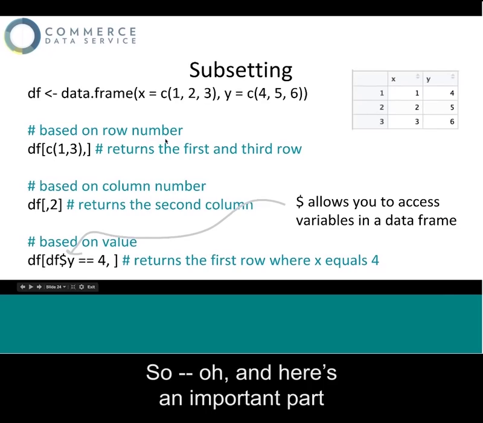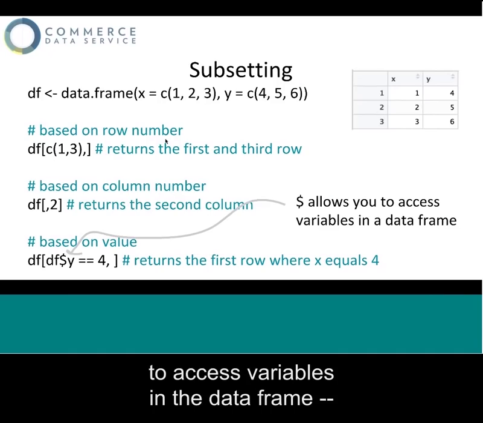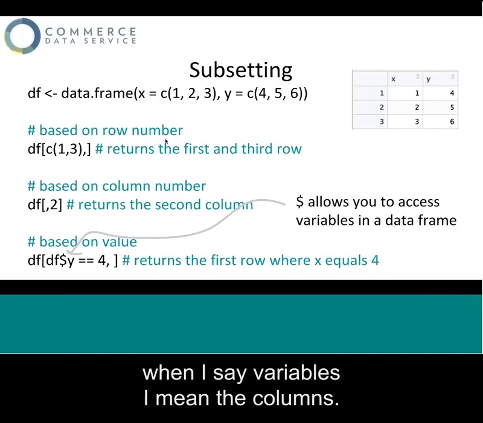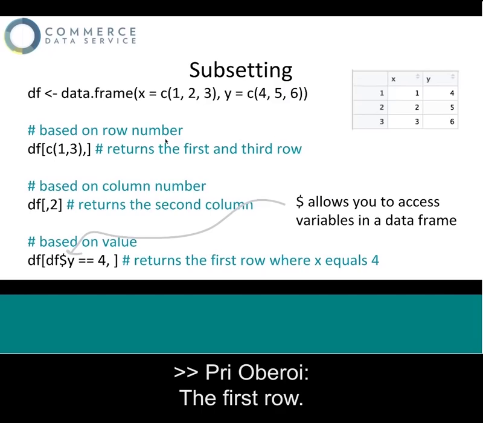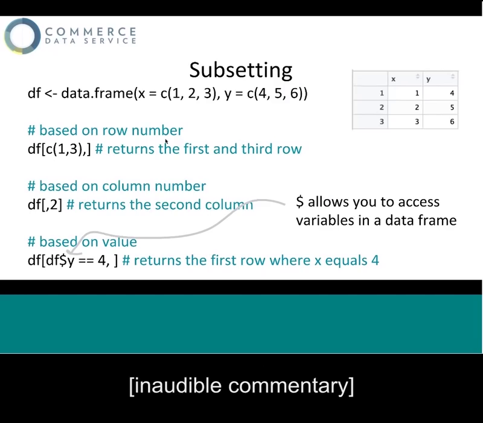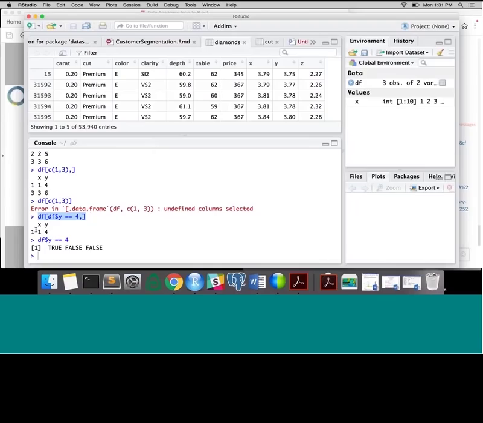And then here's an important part that I skipped over a little bit. That $ allows you to access variables in the data frame. When I say variables, I mean the column. So when we ran this, what it did is return, here you can see the row number and the 2 column names, and then 1 and 4.